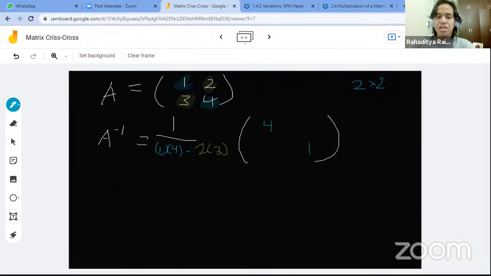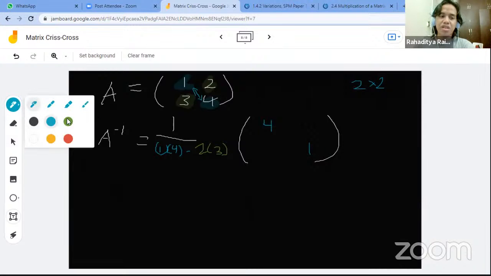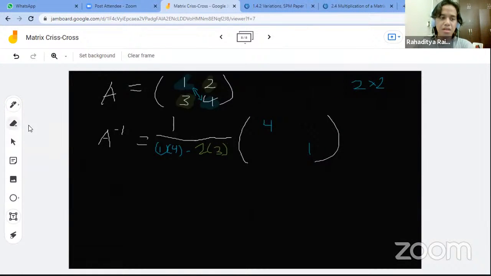4, 1, switch. Whereas for the top right and bottom left, can someone tell me what you do to the top right and bottom left? Does anyone know the answer? Yes, -2 and -3.